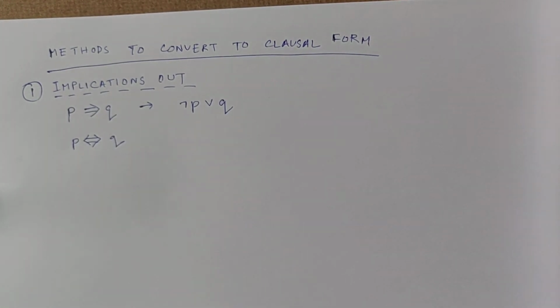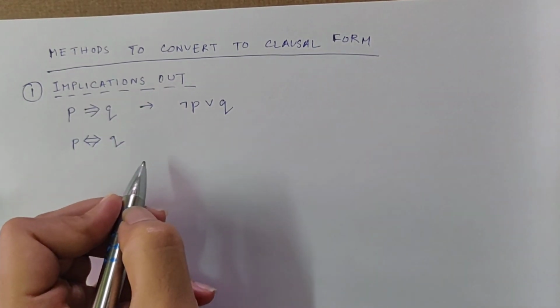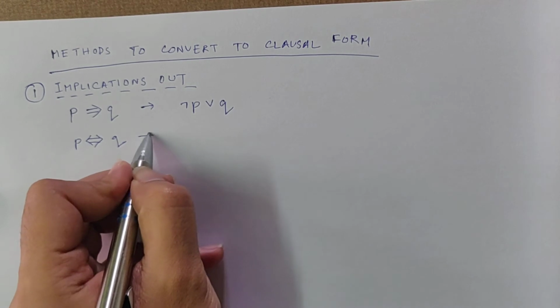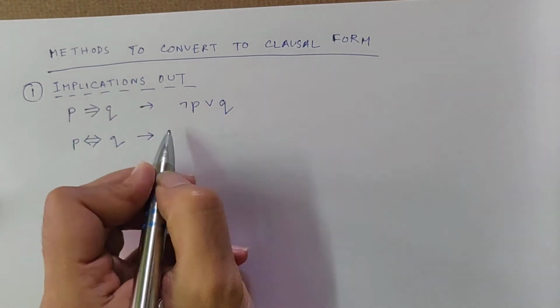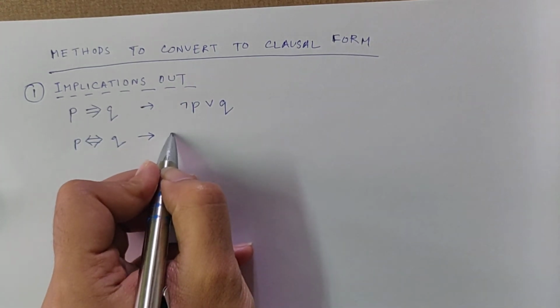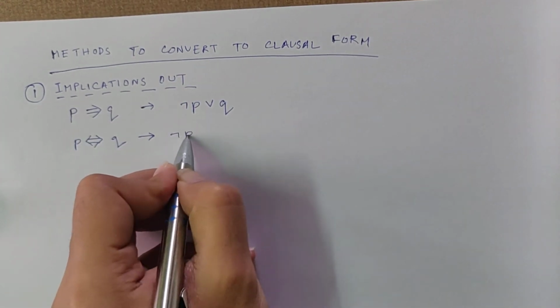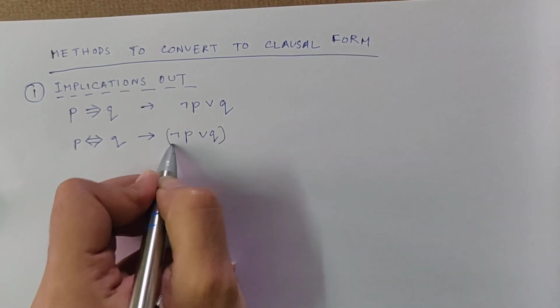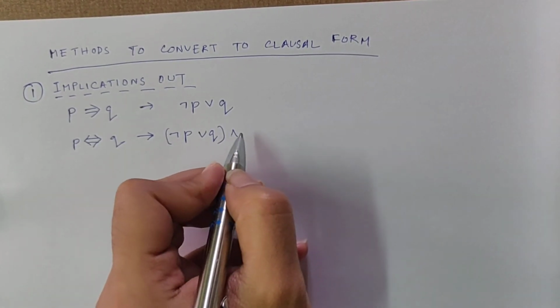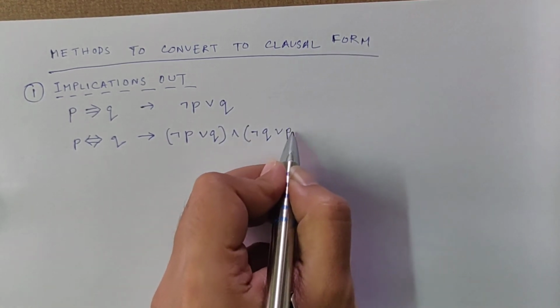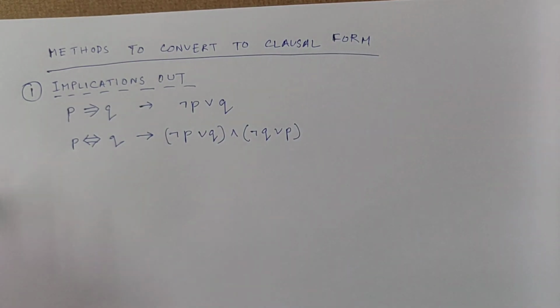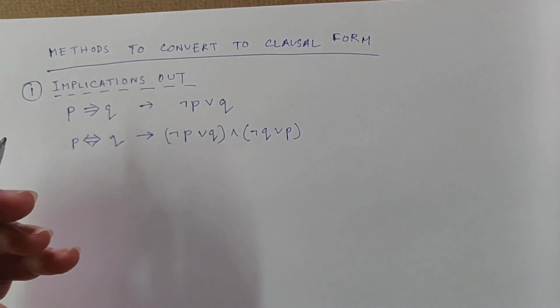Biconditional, actually what does that mean? Biconditional means, you can check that up also by constructing the truth table, not P or Q and not Q or P. Why is that?